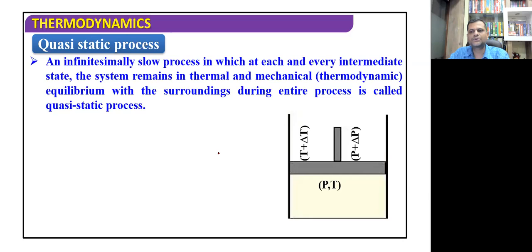It takes place so slowly that at every point the system and surroundings are in equilibrium with each other. Okay, the changes that take place are very small. They are so small that we can consider almost to be same.